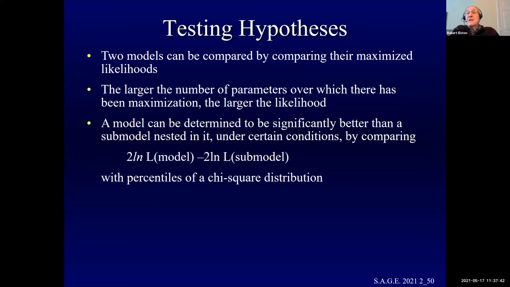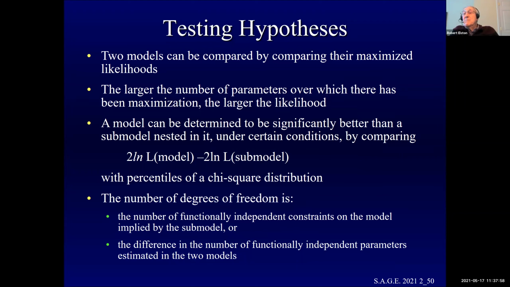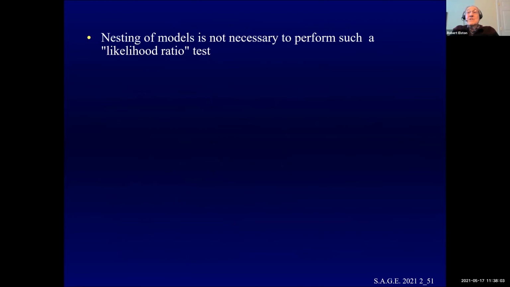Now, the number of degrees of freedom is the number of functionally independent constraints on the model implied by the submodel or hypothesis, or, which is exactly the same thing, the difference in the number of functionally independent parameters estimated in the two models. So, nesting of models is not necessary to perform such a likelihood ratio test.